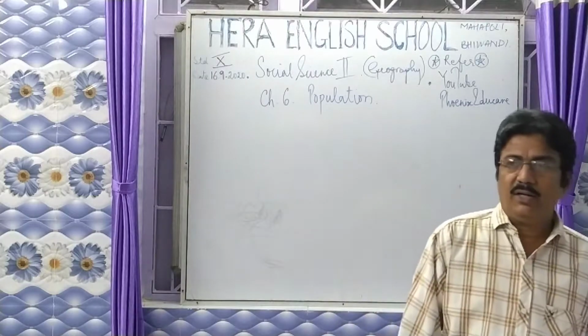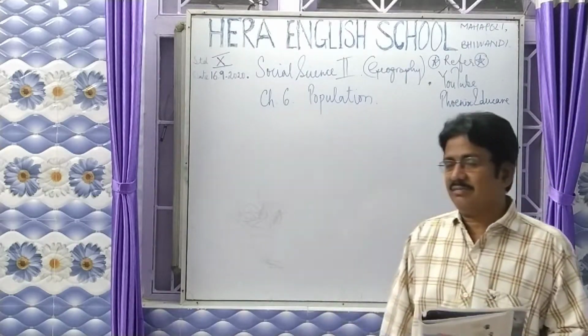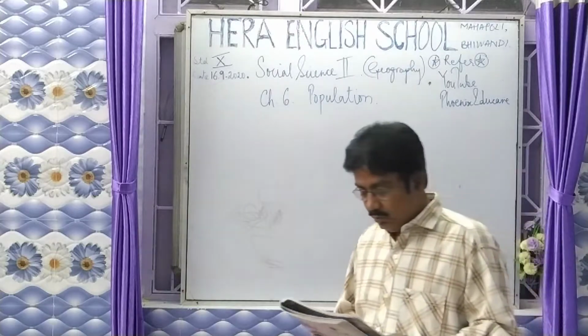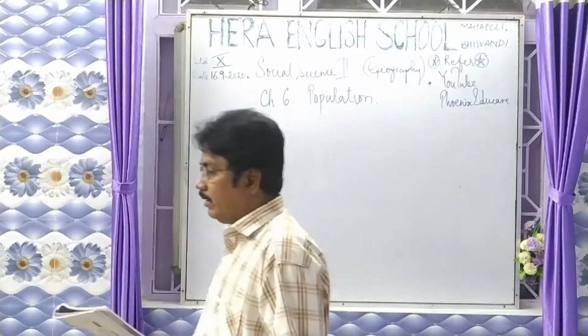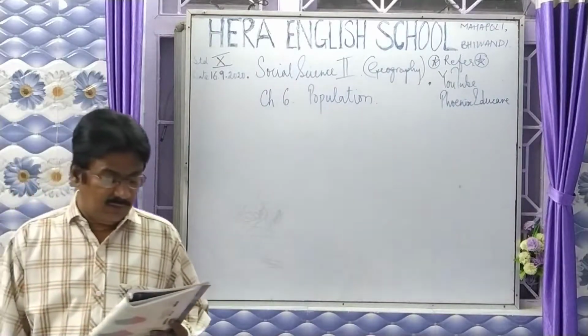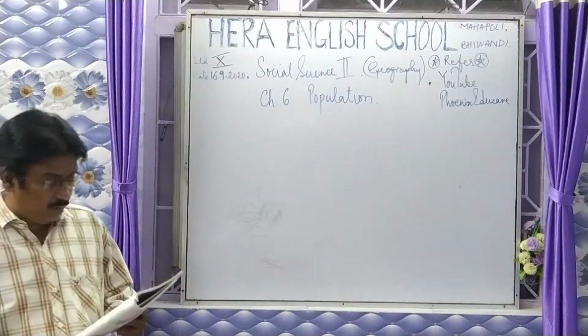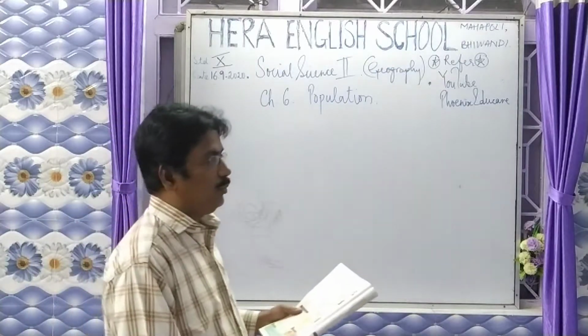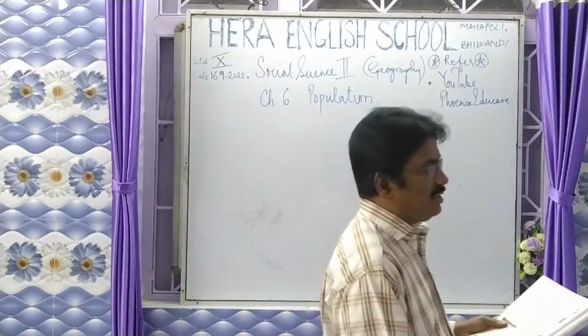The female ratio is much less than the male ratio according to the number of females per 1000 males. India is always less than 1000 from 1961, 71, 81, 91, 2001 and 2011, the latest census.